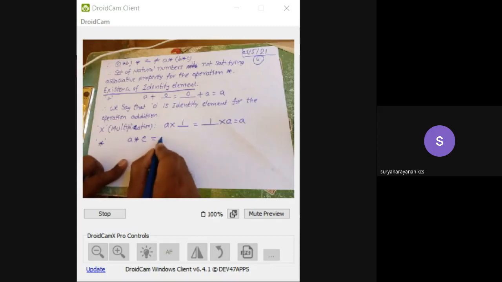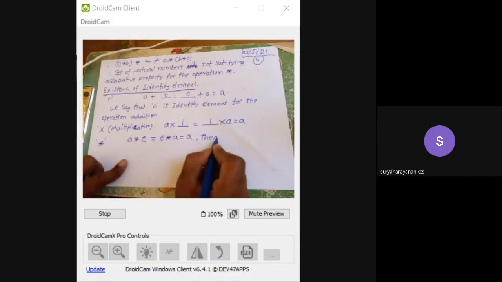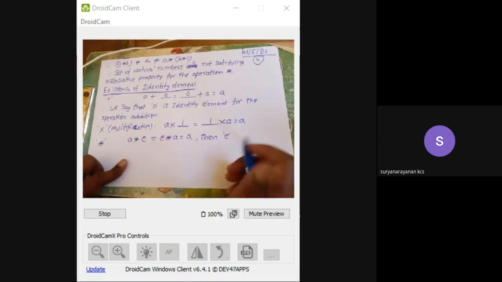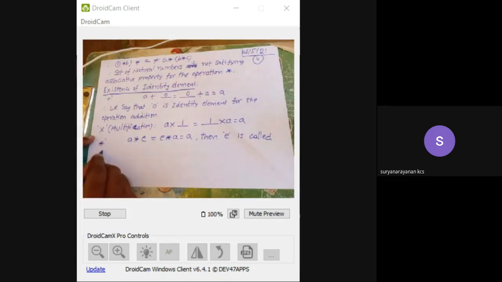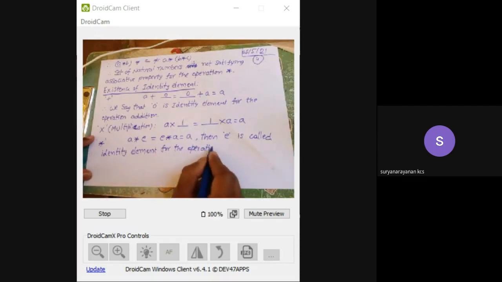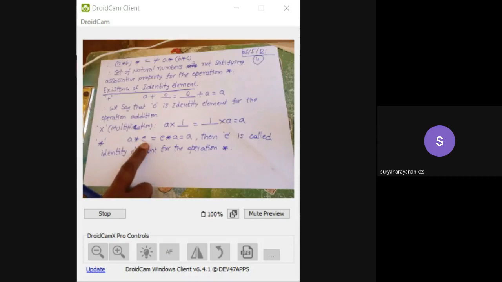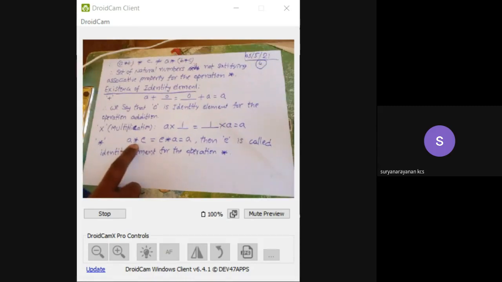A star E is equal to E star A is equal to A. Then this number E is called the identity element for the operation star.